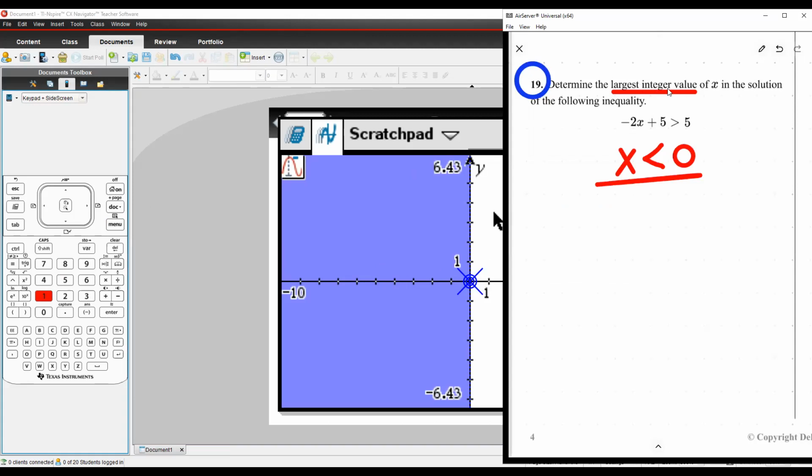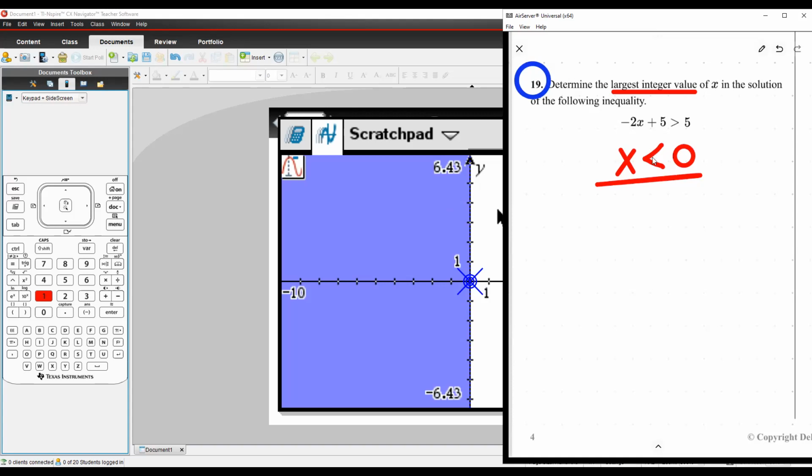Now, the question asks, what is the largest integer value of x? Now, 0 doesn't work. The reason 0 doesn't work is because it's not included in the solution set. It's at the boundary of the solution set, but it's not included because it doesn't have an equal sign.